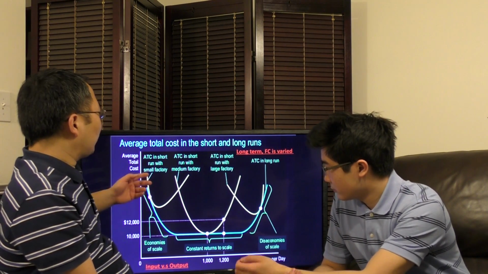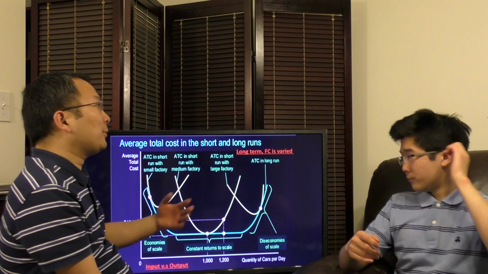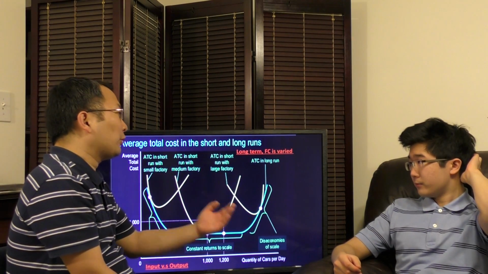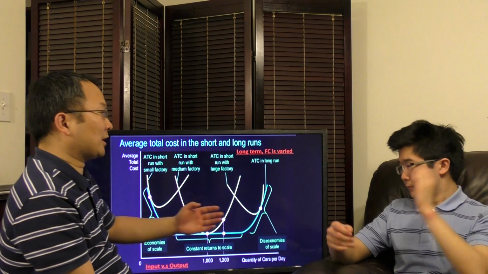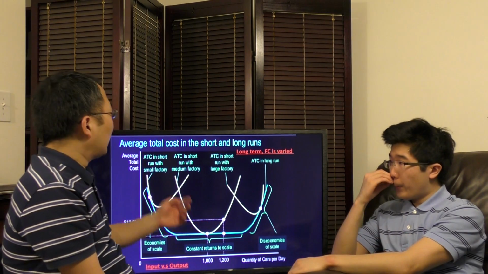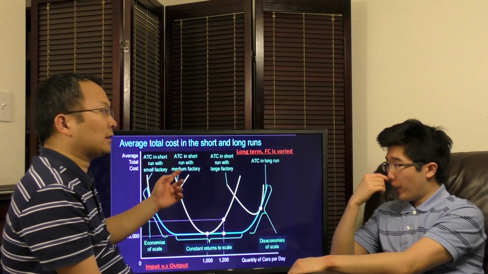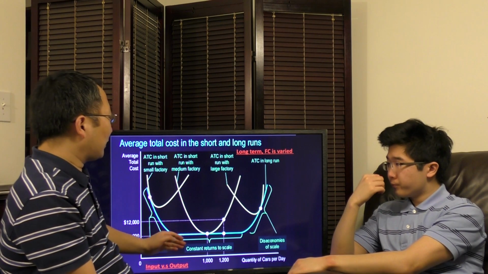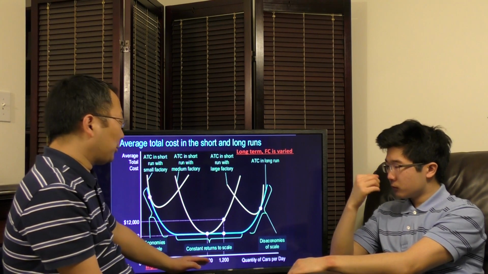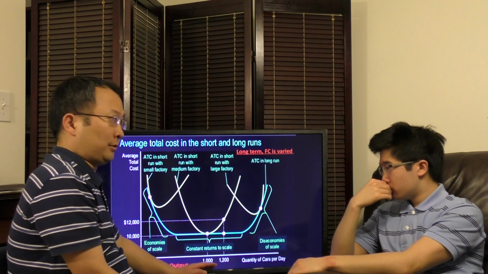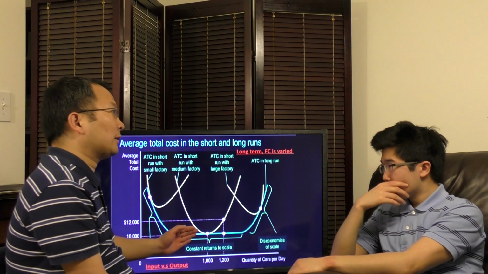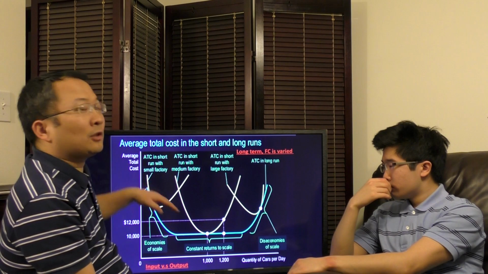Why? Because from a small factory to a medium factory, maybe our fixed costs increase. But remember, ATC equals total cost divided by output. So as long as our total output increases even faster than the fixed cost increase, our ATC goes down.